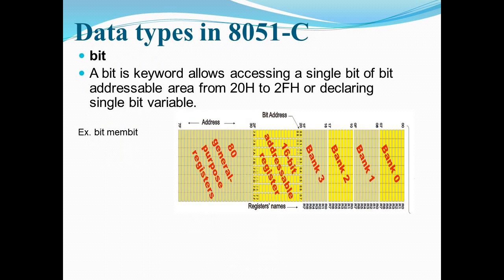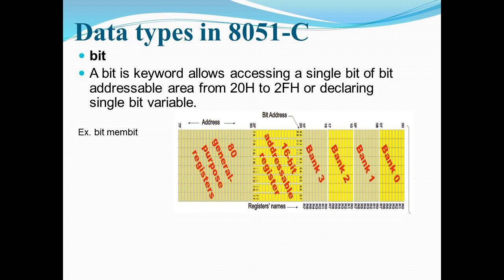Now the next data type is called bit. This data type also stores a single bit of information, but it stores this single bit within the 8051. It stores the information within the bit addressable area which ranges from 20H to 2FH.